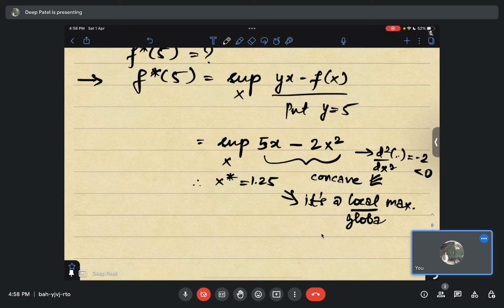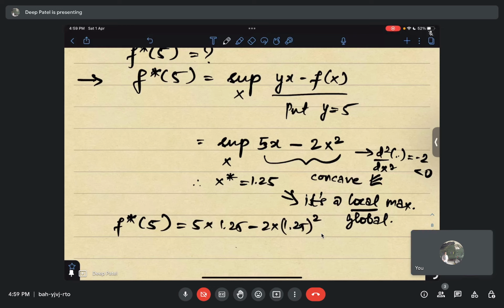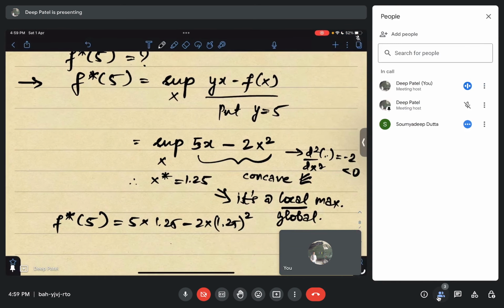So concave function. So what is f star 5? Simply 5 into 5 by 4, I'll just write 1.25 minus. Hello. Can you hear me? Hello, I'm able to hear you, Soumyadeep.